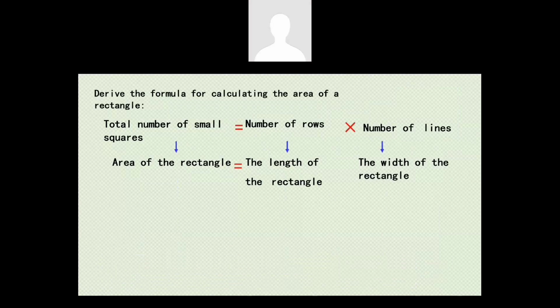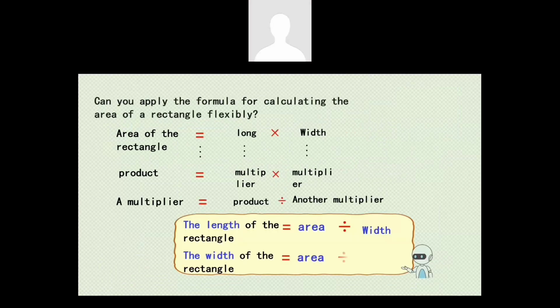Okay, you can analyze the data on the screen. Length: how many unit squares in each row? Width: how many rows?